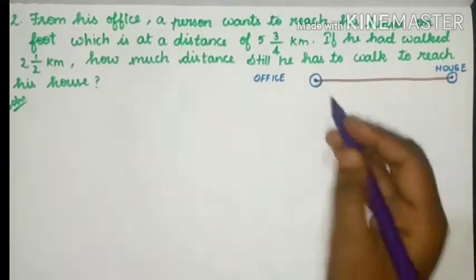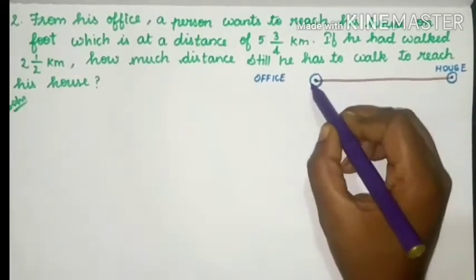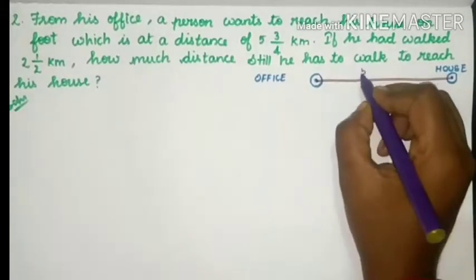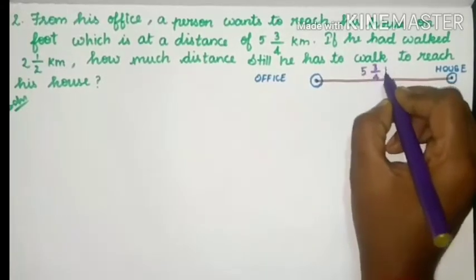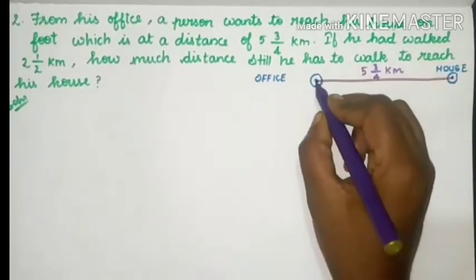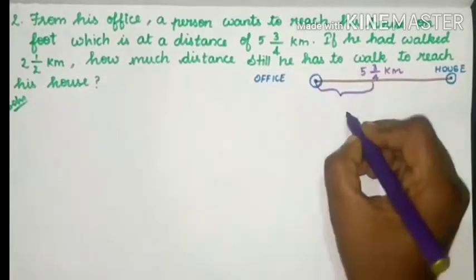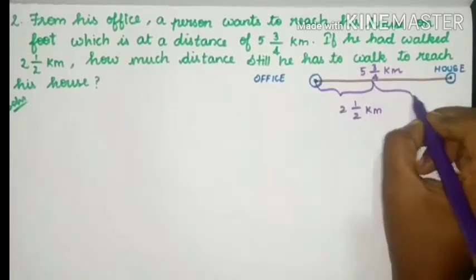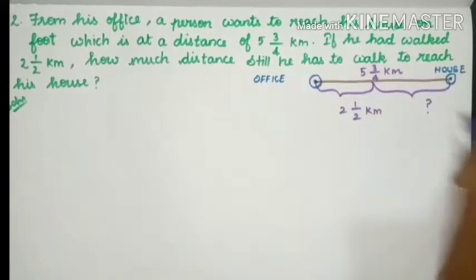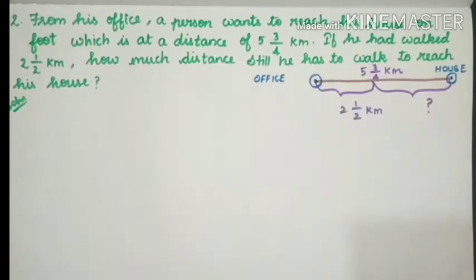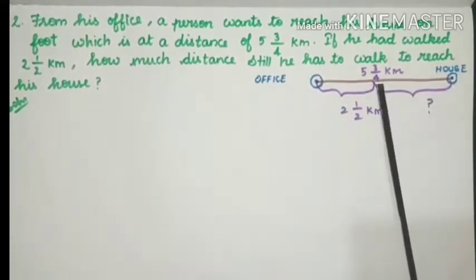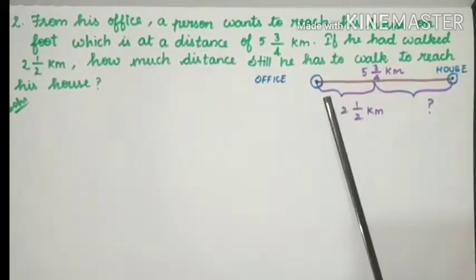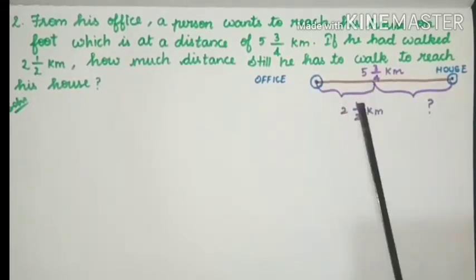Listen carefully. The total distance from office to house is 5 3 by 4 kilometer. Already he had walked 2 1 by 2 kilometer. We have to find the remaining distance. See, we know the total distance between office and house is 5 3 by 4 kilometer. He covered 2 1 by 2 kilometer.